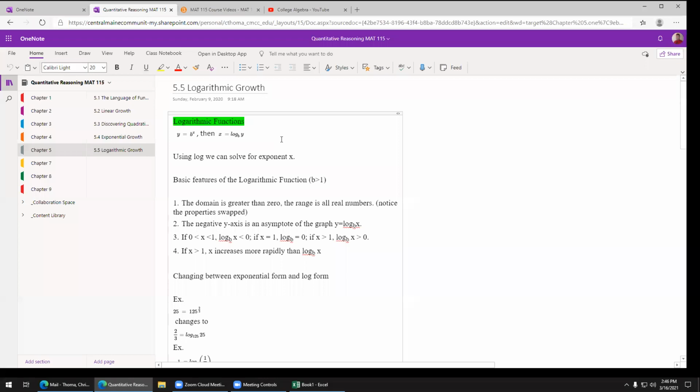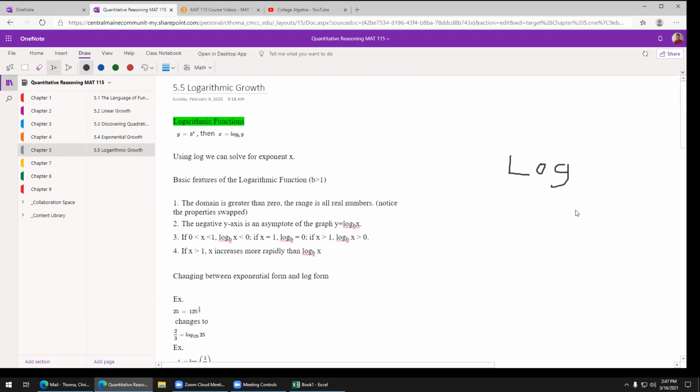And so this is where we've got to be careful with our calculators. On your calculator, if you see the log key by itself, that is log to the base 10. So b is 10. We're lazy mathematicians, we don't write it, but trust me, it's there, right? So if you look at your calculator, you should have a key that just says log.